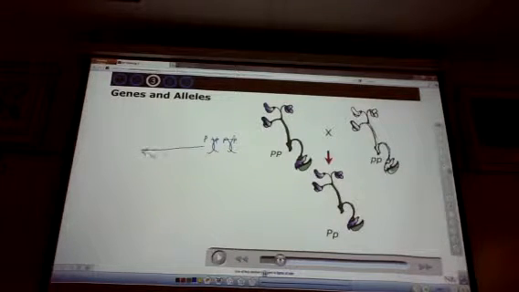Well, tetrads split, don't they? So you only pass on one of these alleles to your offspring, don't you? That's because you produce gametes that only have one copy in there. So it's not like this pea plant can pass on both of these, right?